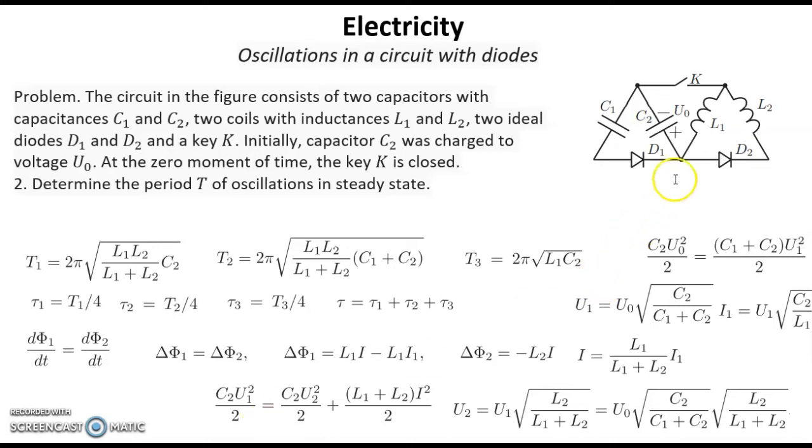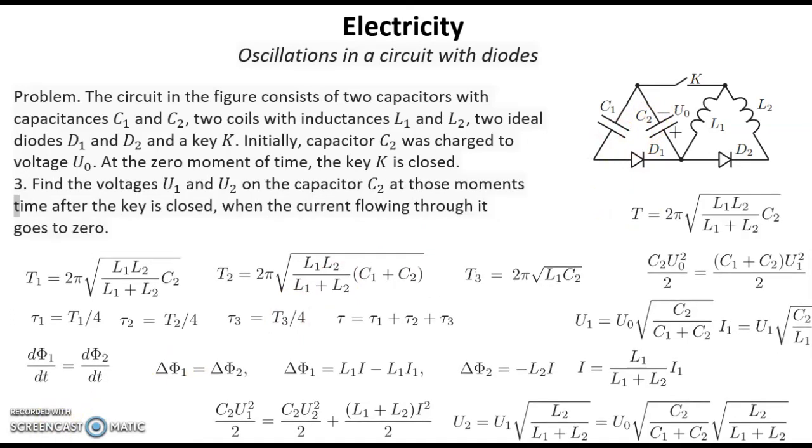So we already investigated that here we have a capacitor C2 and the two coils are connected in parallel. So it means that the period will be this one. This is a parallel connection for two coils, and this is our capacitor C2. Third question.